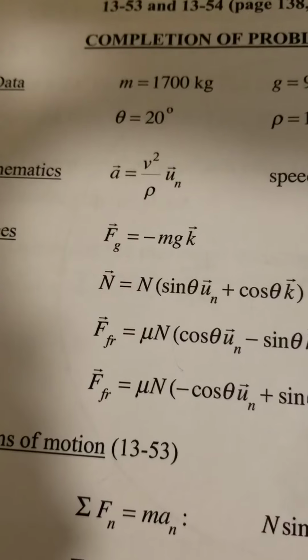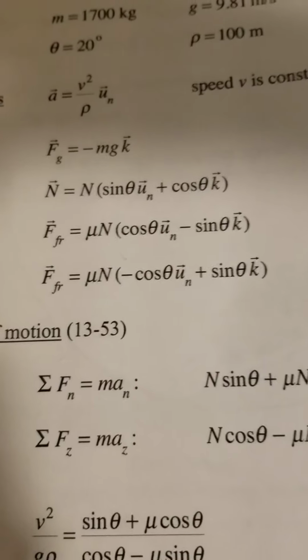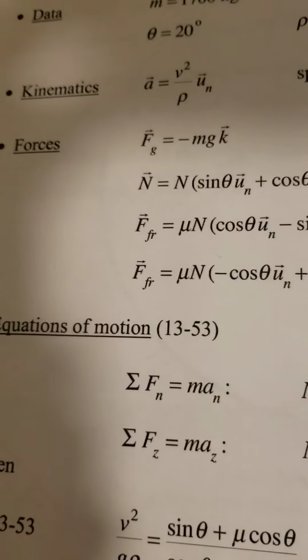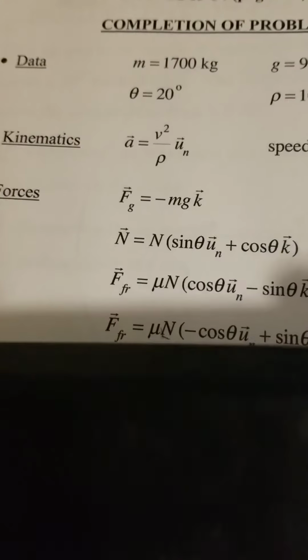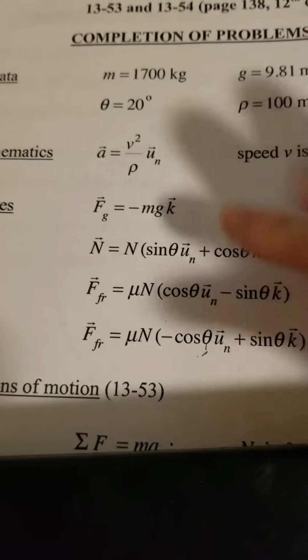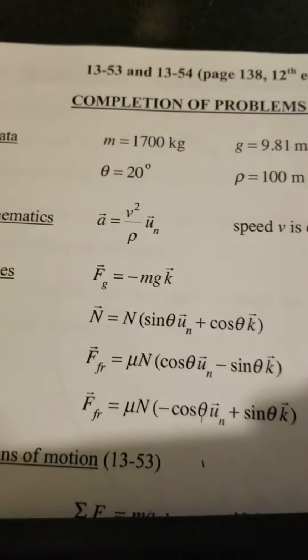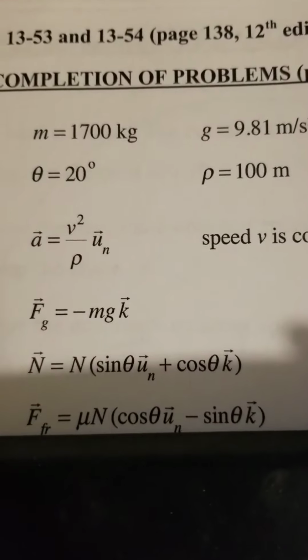So the acceleration is v squared over rho. And here are the forces. We can ignore the fourth equation, since it is for the second part of the problem. So we're only worried about the first three equations.